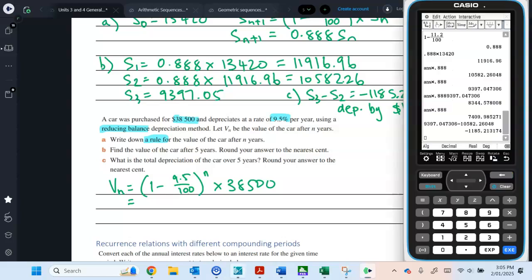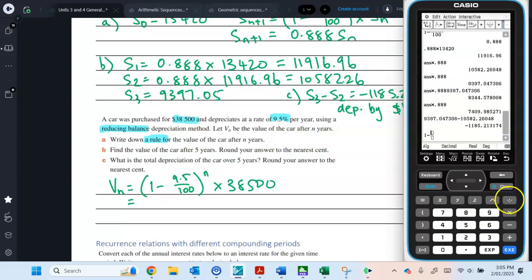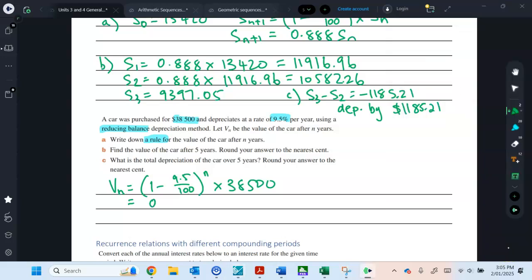And I'm just going to do that on the calc. So what you saw before when I went to that other screen is one of my posters coming up for stats. Here we go. 0.905.